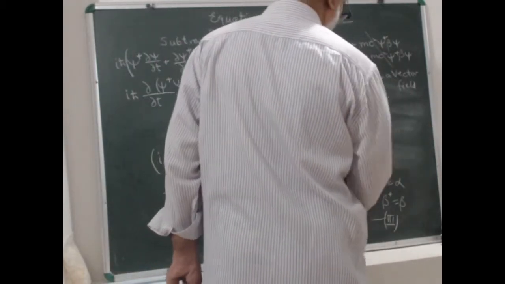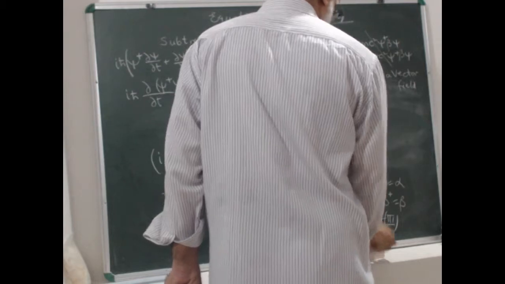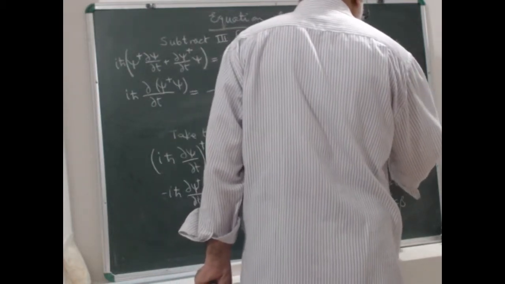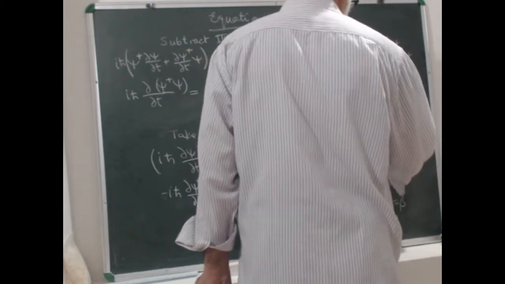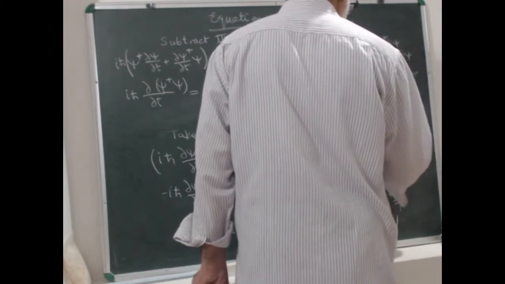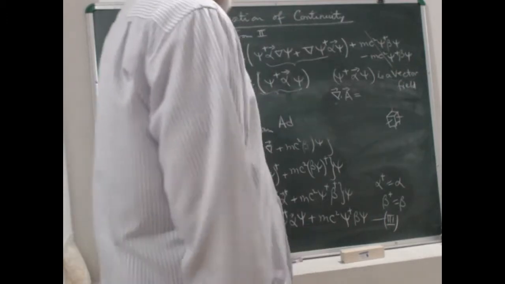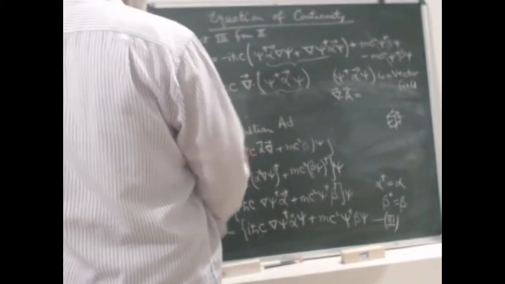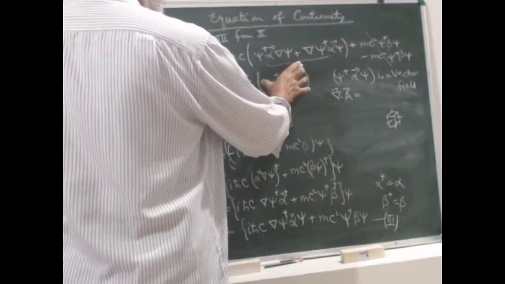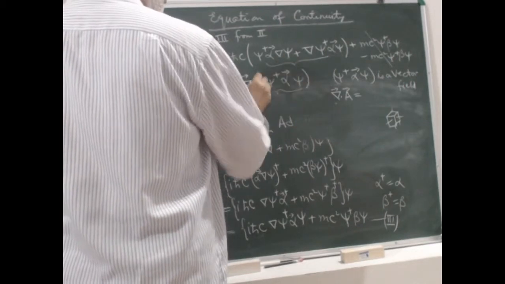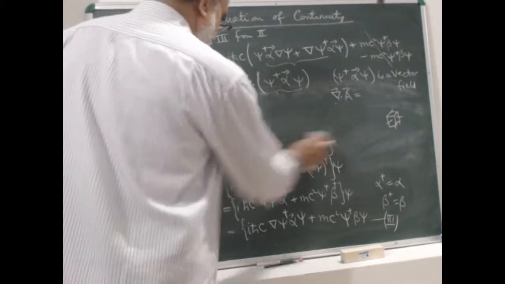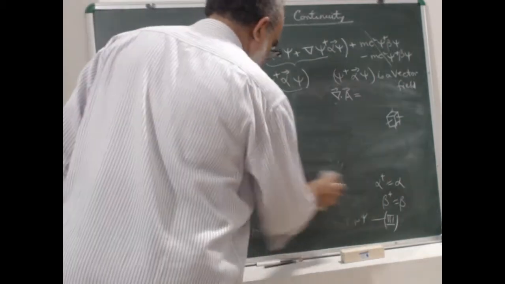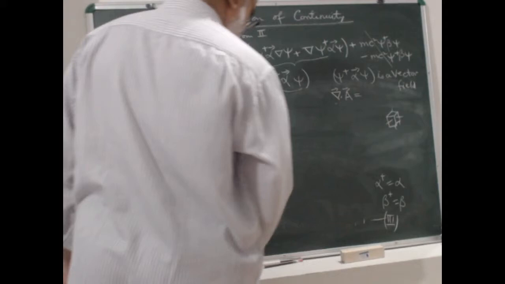Suppose we have a very small volume, and the flux out of the volume is denoted by the divergence of F. We take a very small, unit volume, and the flux of the field through this volume is denoted by divergence of A. So here this is a vector field, and let us denote this vector field by a symbol J.